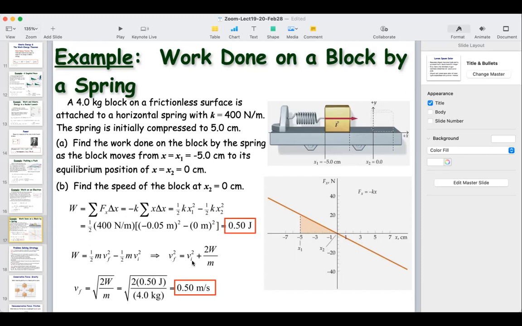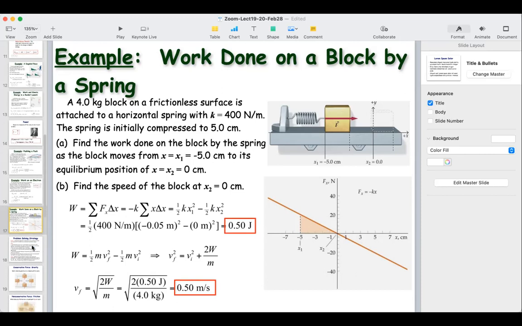Because v initial is 0, we can just write that v final is equal to the square root of 2 times the work divided by m. The work we found before, so I just plug in the number that we found before, and 4 kilograms is the mass, and I found the final velocity.